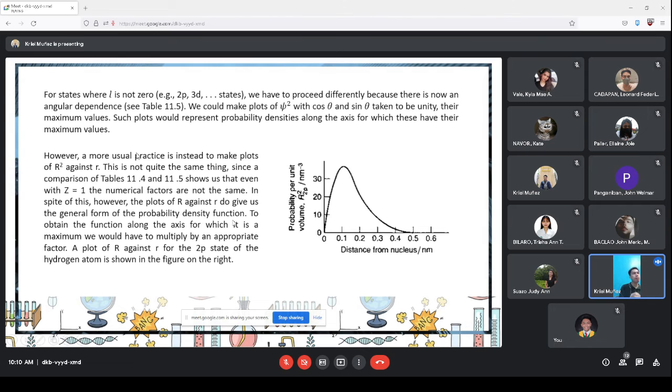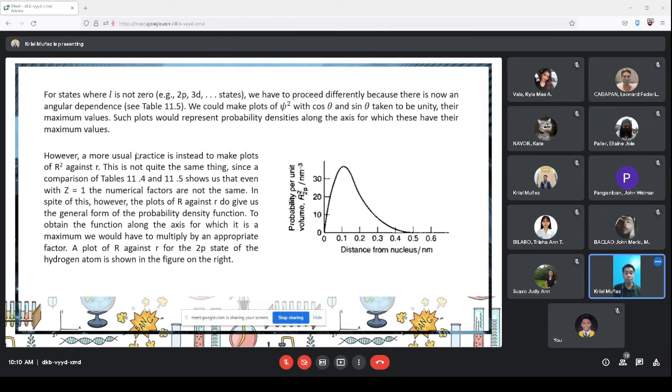Yung recent class kung bakit bumalik tayo sa r square against r at hindi natin ginagamit yung 4 pi psi square is because, again, class, may angular dependence siya. But then, kung gagamitin natin yung r square lang against r, we can say, class, na we could calculate for the maximum value, but this is regardless of the orientation in 3D space.